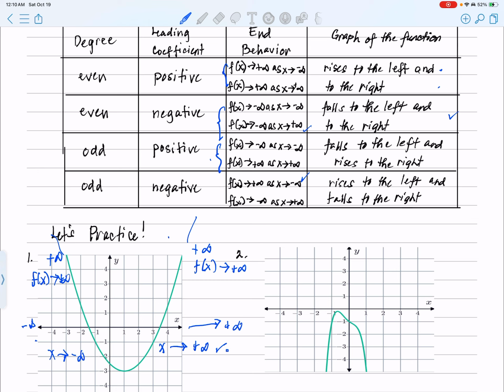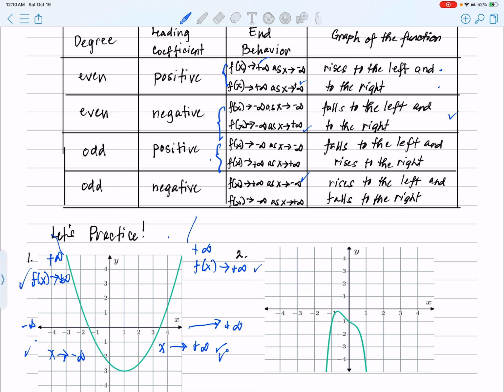So here, x approaches negative infinity, the function is positive infinity. Over here, f of x will be positive infinity as x approaches positive infinity.